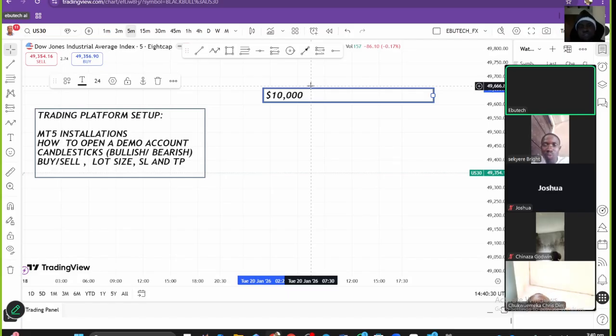You guys understand? So now this $10,000 account that you will be trading, the loss size. What is the loss size? The loss size is the amount of money that you are willing to risk per trade.